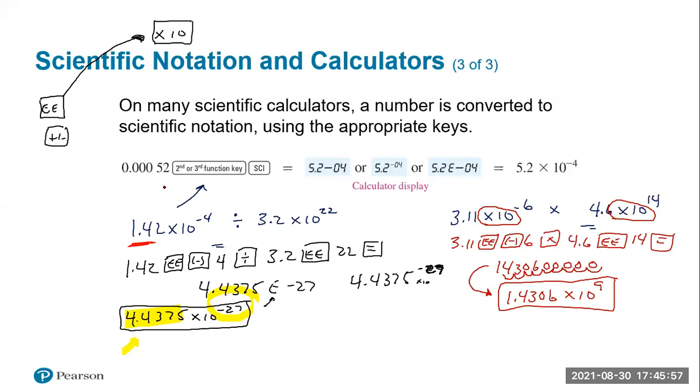More importantly, what we talked about is how to use scientific notation with calculators. A reminder, you should have an exponent button, which as we have up here is an EE button, or an EXP button. Those are the two common ones.